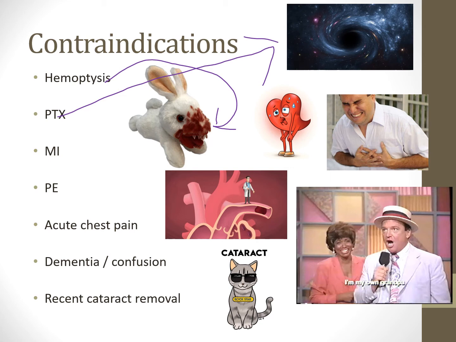If the patient has a myocardial infarction, or a heart attack, that's a sign you don't want to do it, right? A recent MI is what it should say, a recent or current MI. If a patient's having a current heart attack, you shouldn't be putting them under that stress, because you're also putting the heart under a little bit of stress doing this procedure as well. Just a little bit.